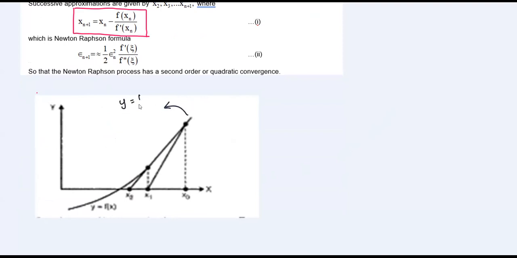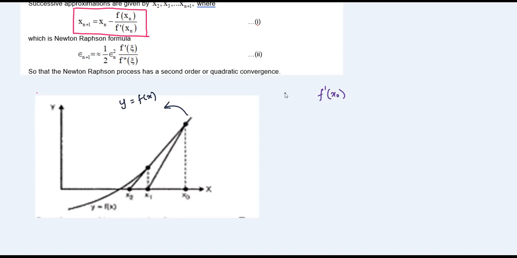So this is y equal to f of x. I start with x naught. What I do, I draw a tangent at x naught. So we know that f dash x naught is the slope.